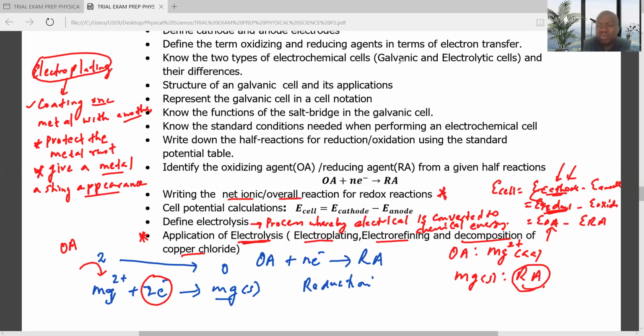And how does electroplating work? Let me give you one example. Let's say you want to electroplate a spoon with a silver layer. There's a spoon, then here we put silver, Ag, a solid. Then we connect a power supply, with negative and positive terminals like this. Inside there we must put something that has to do with silver, for example, silver nitrate.